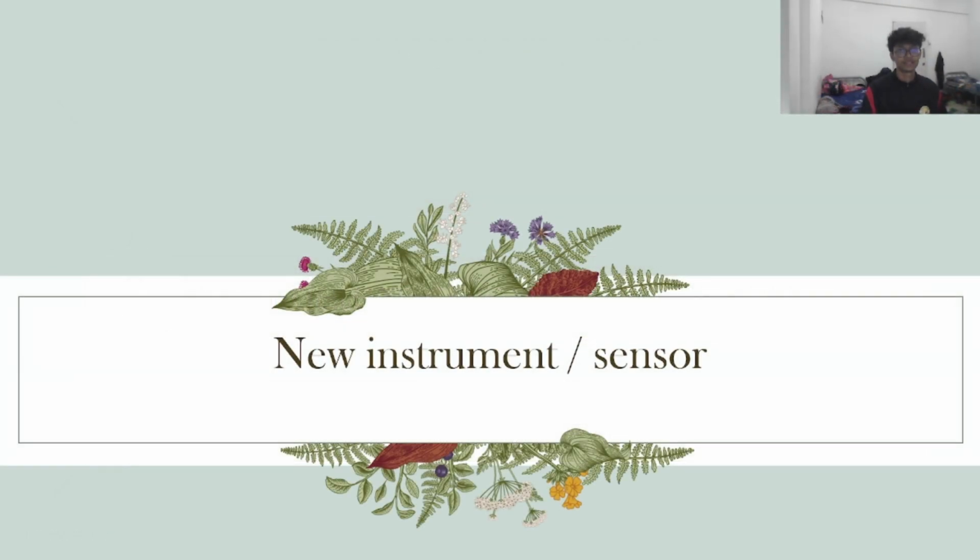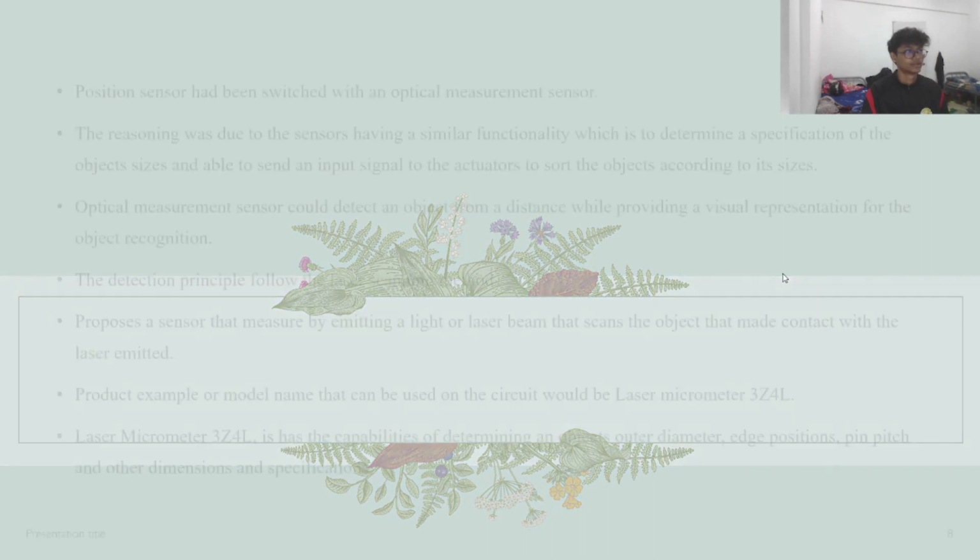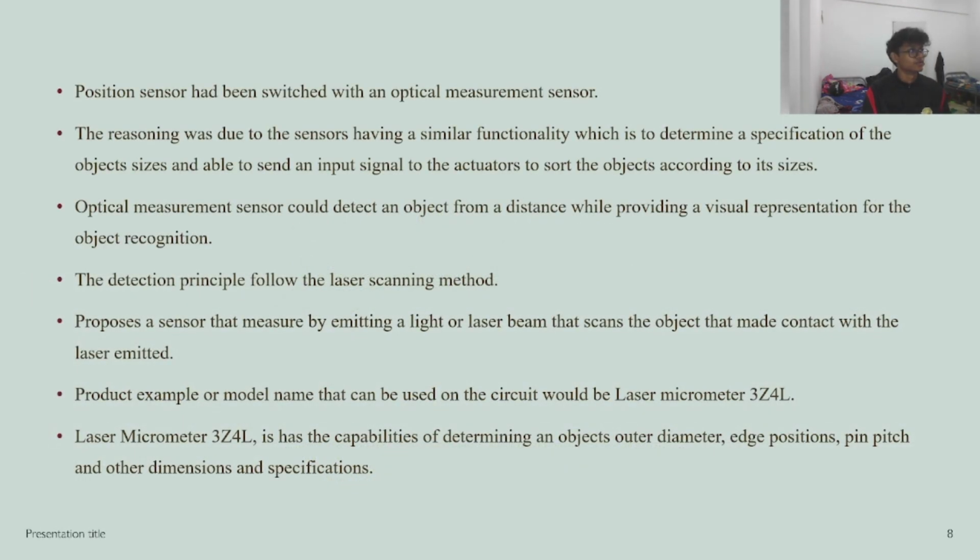Thank you, Amir Fatul Mubin. My name is Arash Idlan, and I'll be continuing this presentation, talking about the new instrument and sensor. We are using a position sensor that has been switched with an optical measurement sensor. The reasoning was that the sensor has similar functionality, which is to determine the specification of the object sizes and send an input signal to the actuator to sort the object according to its size.